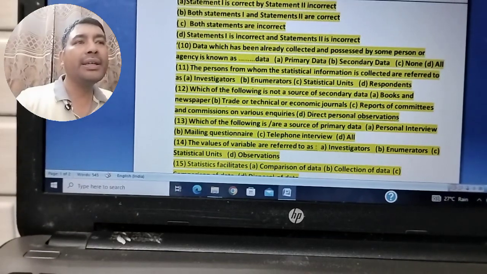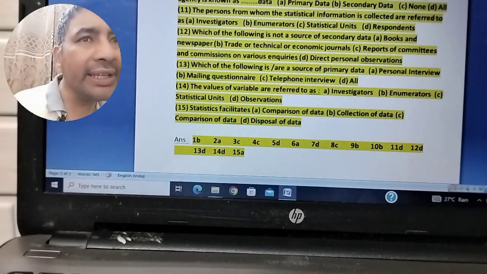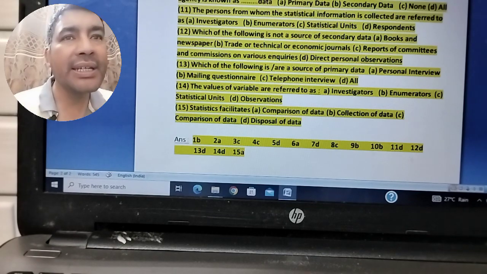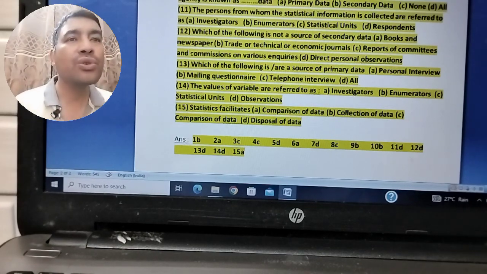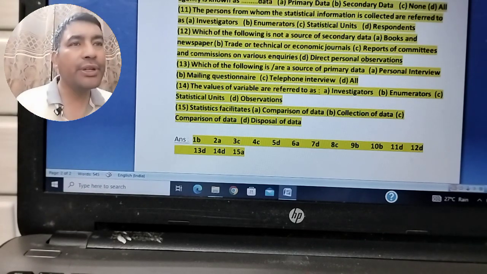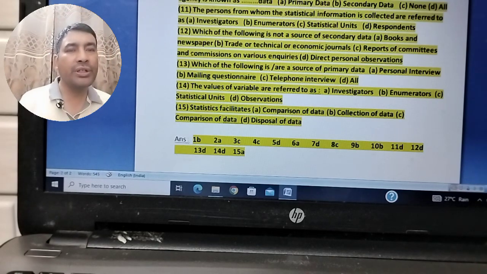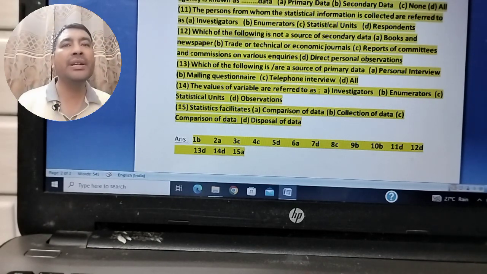And the other is question number 13. Which of the following is or are a source of primary data? Personal interview is a primary source. Mailing questionnaire, that is, I will prepare some questionnaires and ask the respondents to answer, is also primary data.